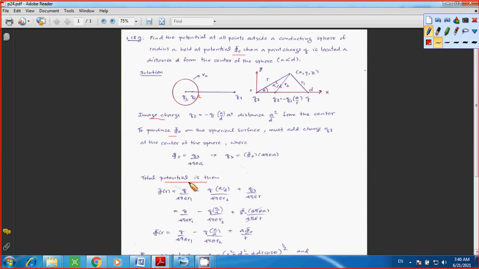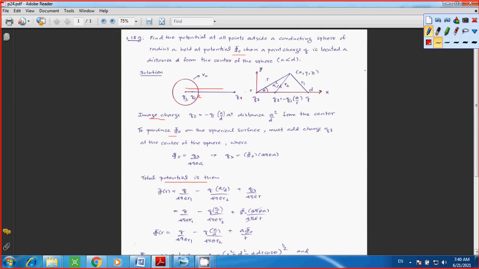Then by superposition, the potential phi r is going to be the potential from q, q2 and q3. So the first one is the potential at the distance r from the center, which is q divided by 4 pi epsilon r1.